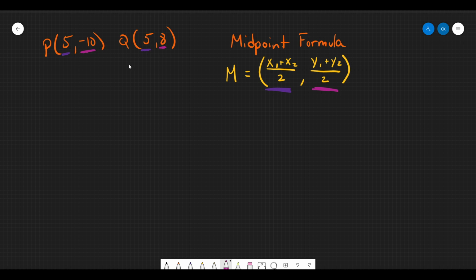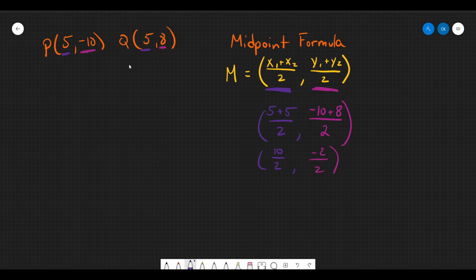So for this problem here, working with my x's, I would plug in 5 plus 5 over 2. And then working with my y's, I would plug in -10 plus 8 over 2. And then I would just combine them. 5 plus 5 is 10. -10 plus 8 is -2.